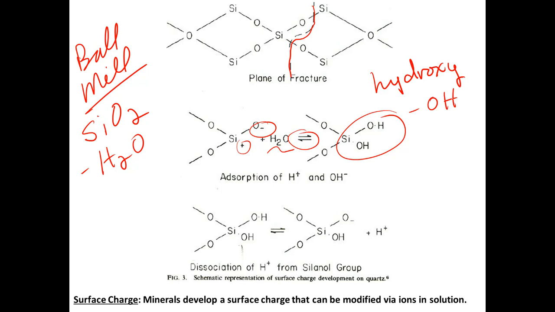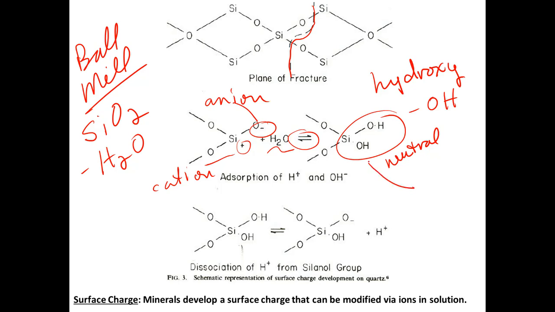So this can go forward or backward. The right hand side is a neutral surface. In other words, there's no charge associated with it. The left hand side, of course, has both the cation charge, which is positive, and the anion charge, which is negative.